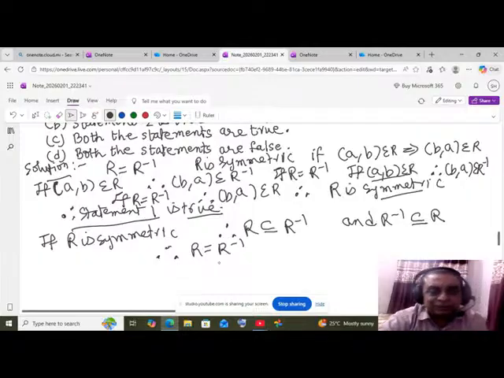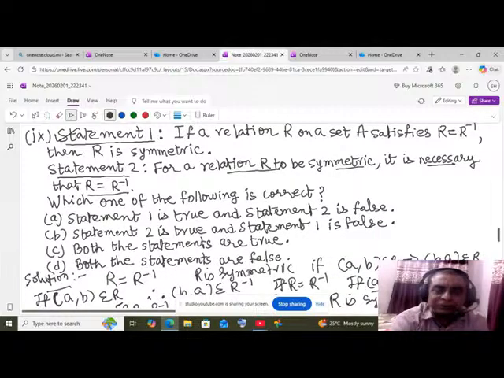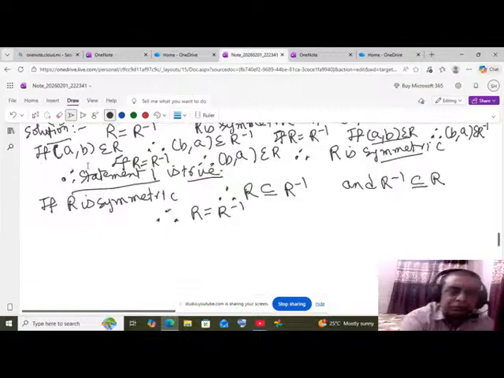So if a relation R is symmetric, it is necessary that R should be equal to R inverse. So statement number 2 is also true.